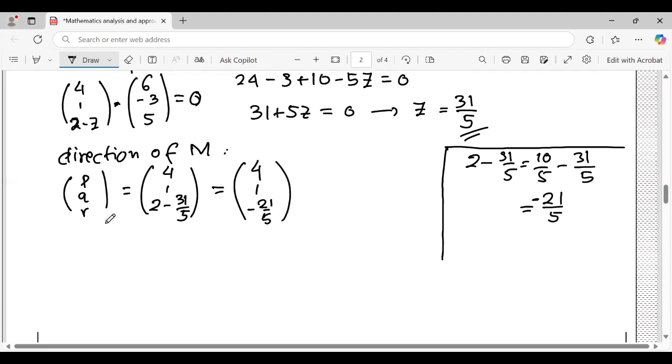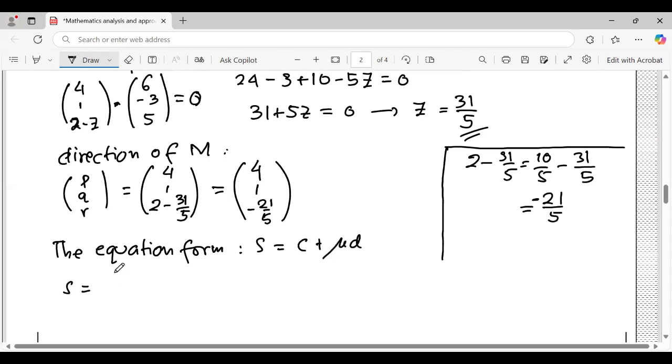And the equation form, according to the question, is s equal c plus mu d, like this.